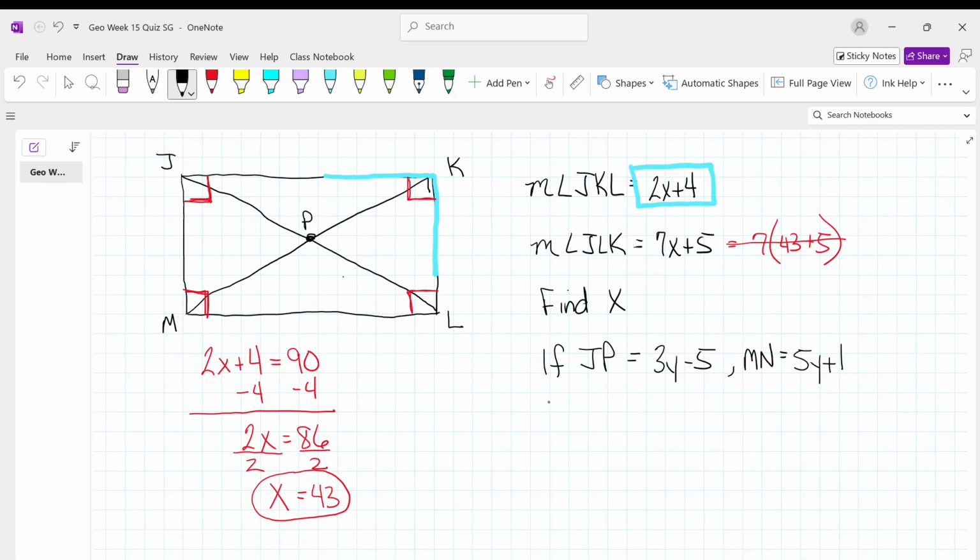Find y. So J to P is 3y minus 5. And from M to K, this shouldn't be an N right here. This should be a K. Sorry about that.